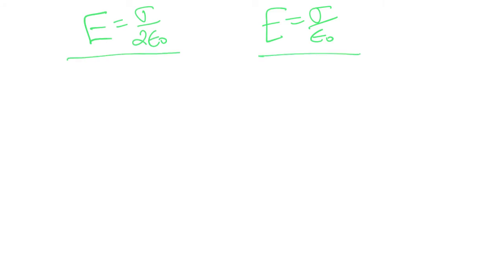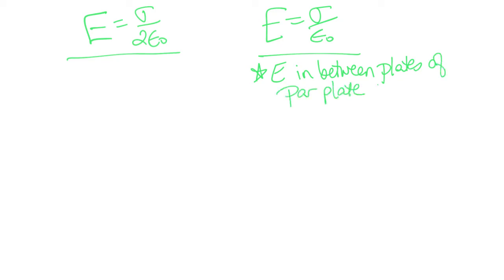E equals sigma over epsilon naught is, as we just saw, in between plates of a parallel plate capacitor. Okay.